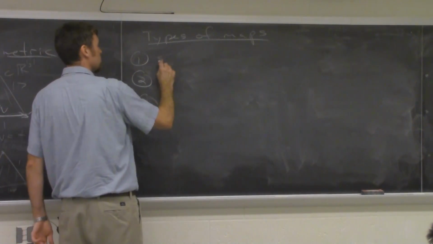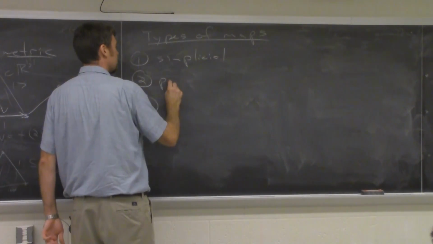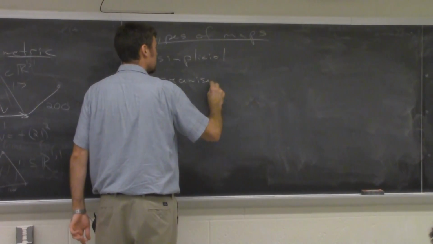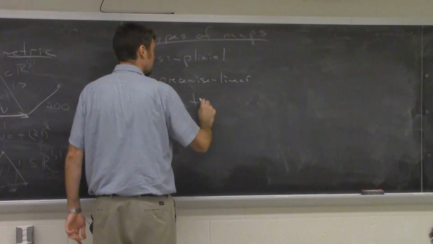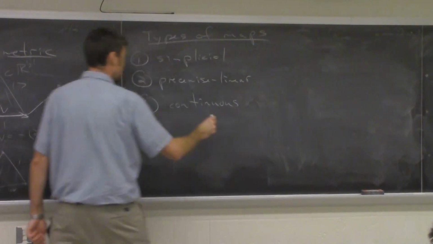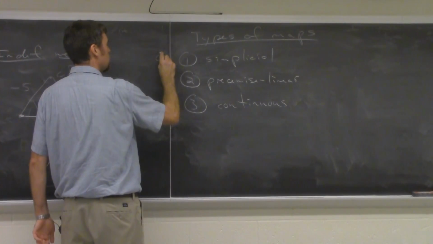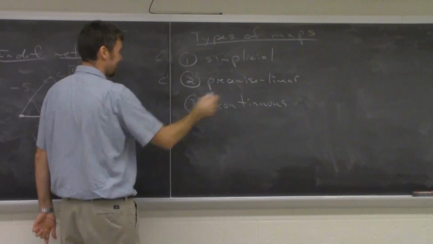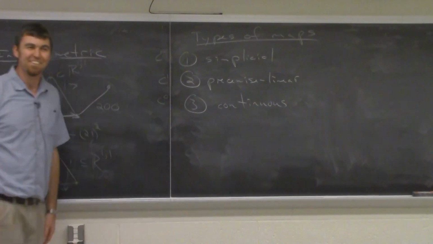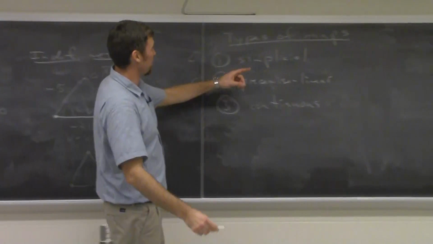We're going to look at simplicial, piecewise linear, and continuous. And this will have the analog, kind of the smooth class, right? This will kind of have the C1 analog, and that is C0, right? That's fine, right? And so let me say words.